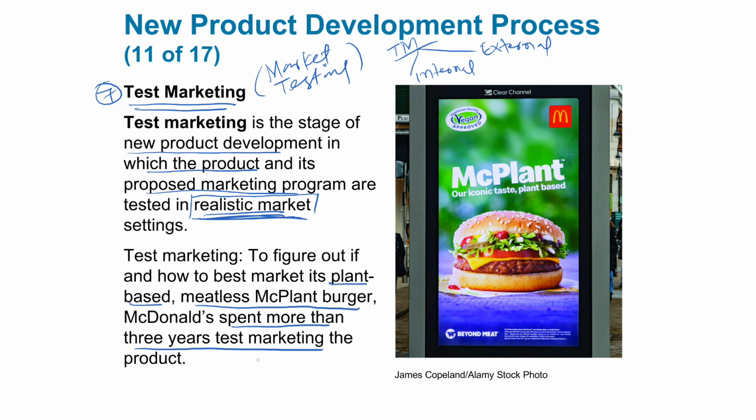They spent more than 3 years in order to test the new launch of their McPlant burger with the real people, with the real customers, in the real market. Every now and then it happens in different parts of the world, on different occasions as well. Companies like McDonald's, Burger King, KFC, Starbucks, they do that all the time.